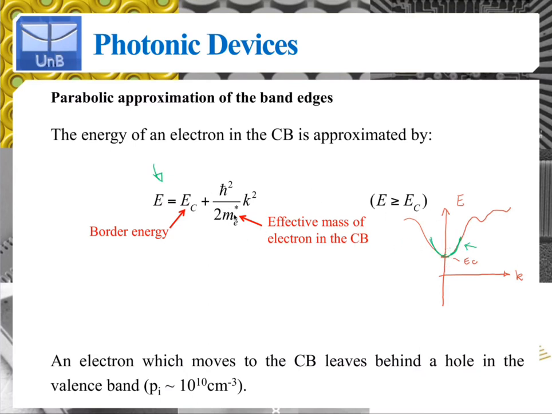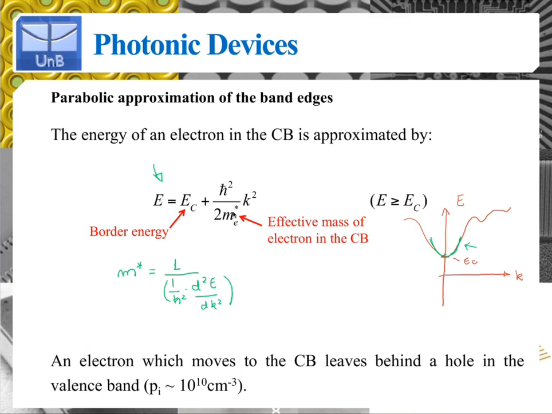In fact, when we define the effective mass, m star was equal to 1 over h bar squared multiplied by the second order derivative of the energy as a function of k, right?